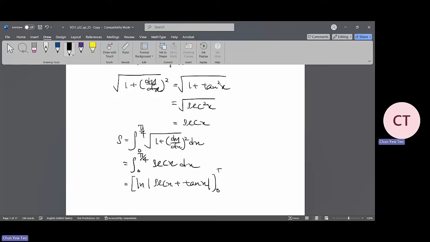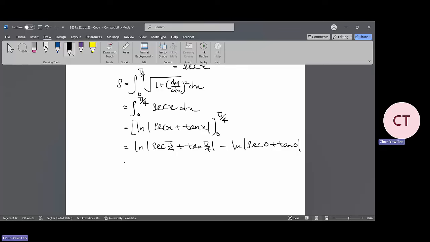Substitute 0 and pi over 4. So if I put pi over 4 inside here, I get secant pi over 4 plus tangent pi over 4, minus the ln of secant 0 plus tangent 0. Secant pi over 4 is actually root 2.